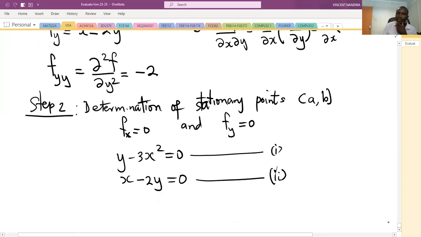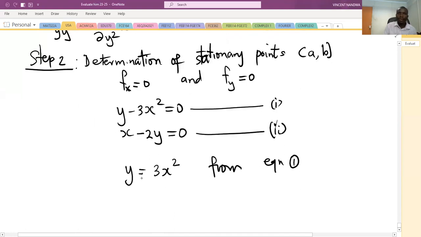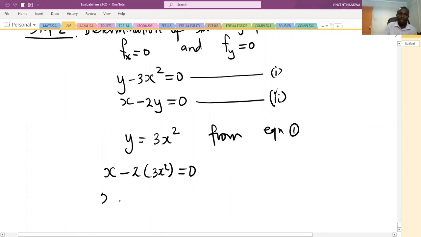So the easiest way to solve this, we can say y is given by 3x squared, from equation 1. Therefore, replacing this for y in equation 2, we have x minus 2 times 3x squared equals 0. And this will be x minus 6x squared equals 0.